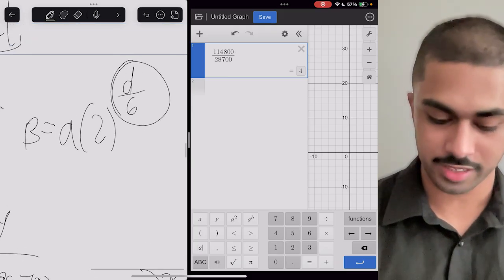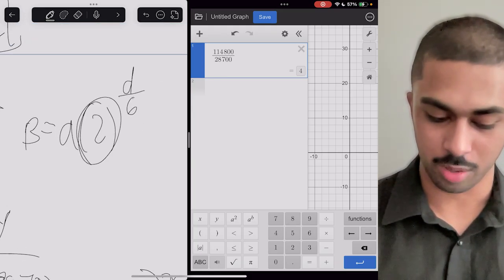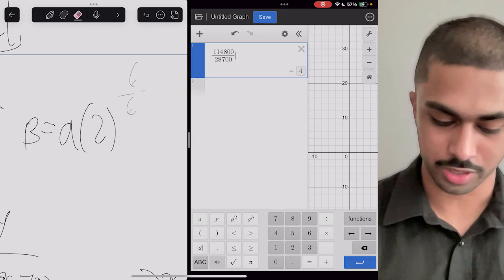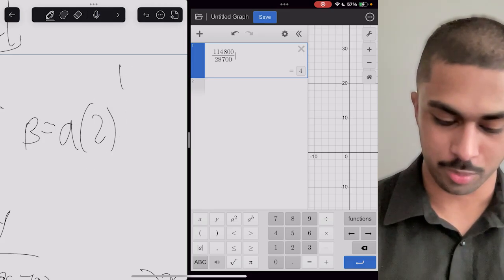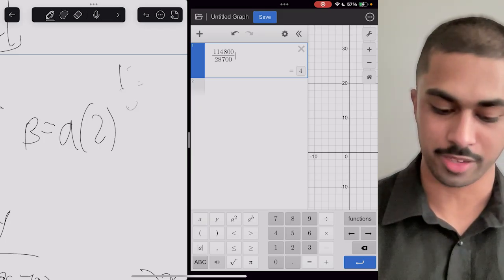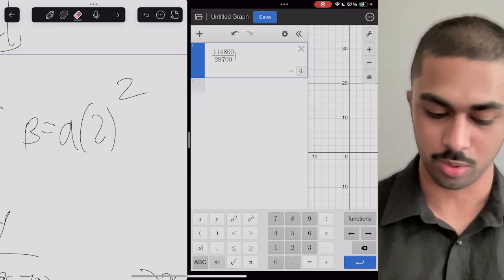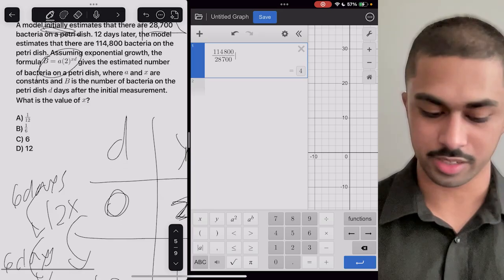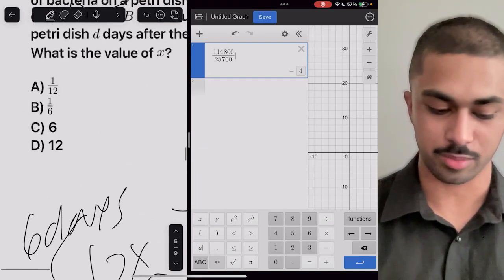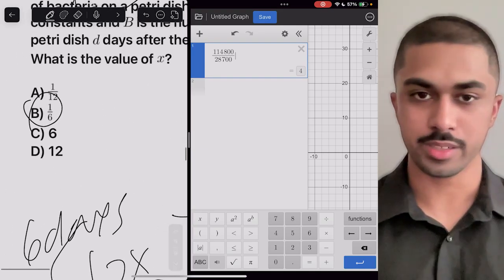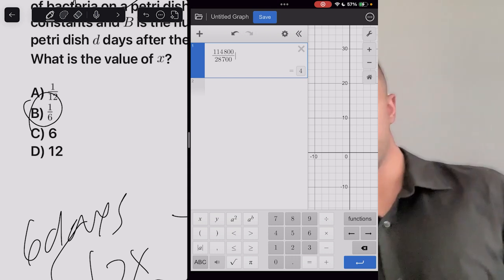So every 6 days, this doubles, right? If you put in 6, this is your first double. This turns into 1. If you put in 12, it's going to be 12 divided by 6. This is your second double. So it doubles every 6 days. That's why x has to be 1/6.